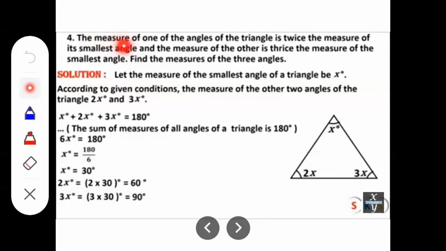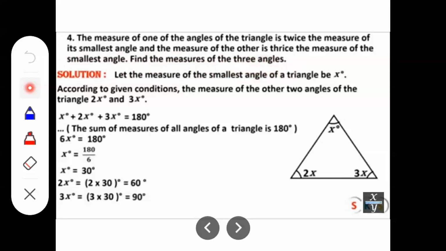The measure of one of the angles of a triangle is twice the measure of its smallest angle, and the measure of the other is thrice the measure of the smallest angle. Then find the measures of the three angles.